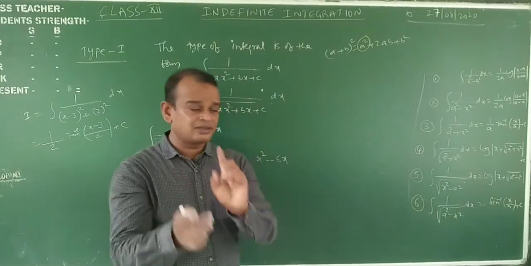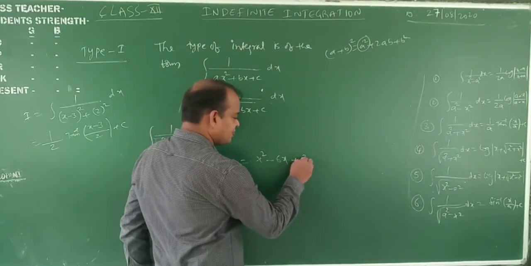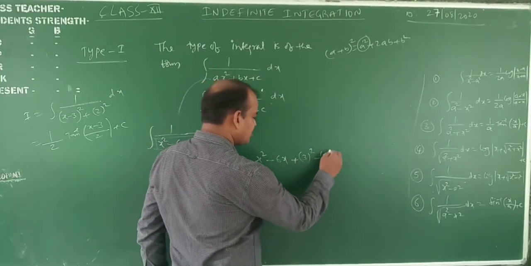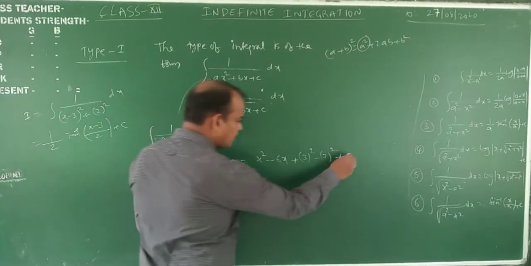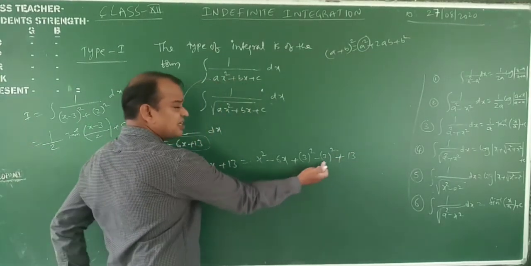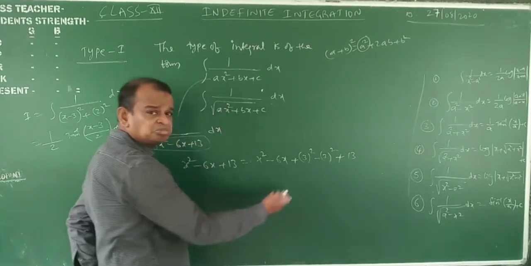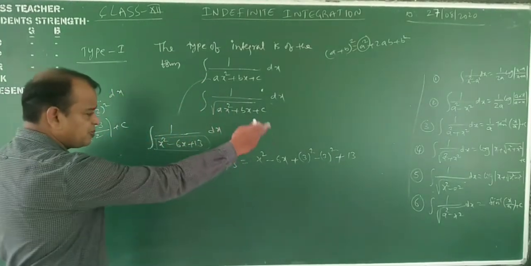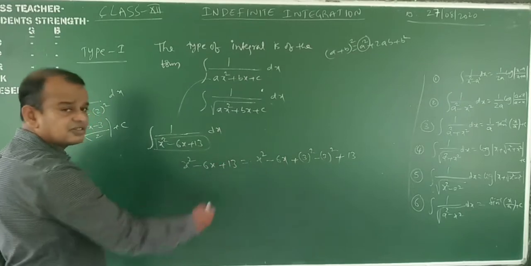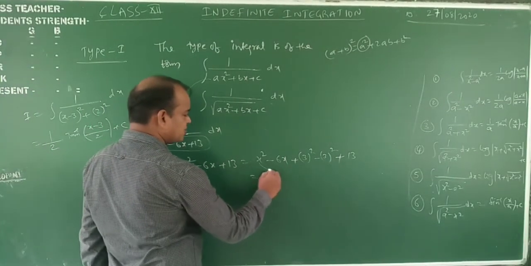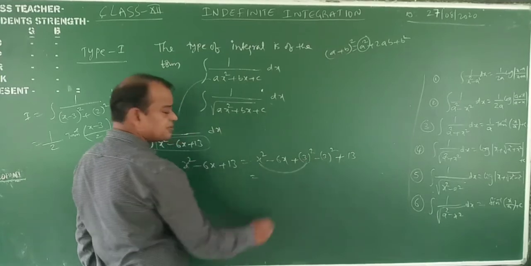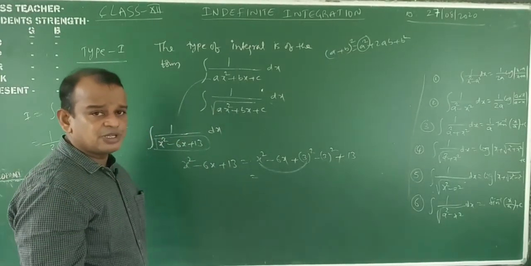Adding and subtracting: plus 3 square minus 3 square, plus the last constant 13. I hope you understood. Adding plus 3 square and minus 3 square cancel each other, so we get the same expression again. Now the first three terms, 100%, follow the a square minus 2ab plus b square formula.